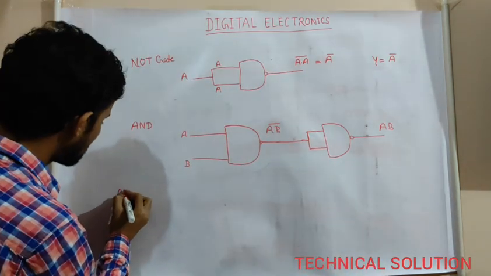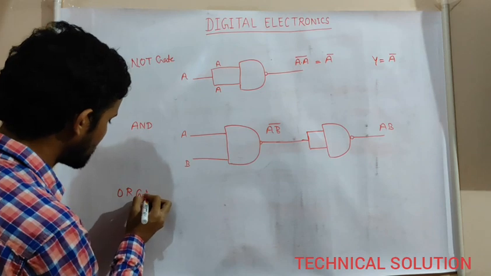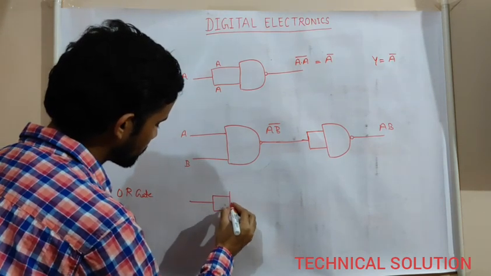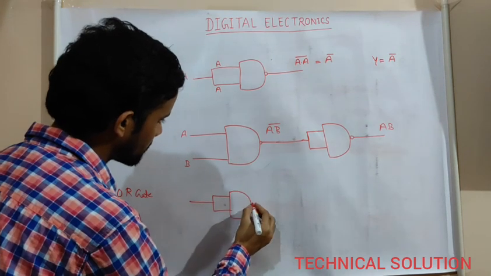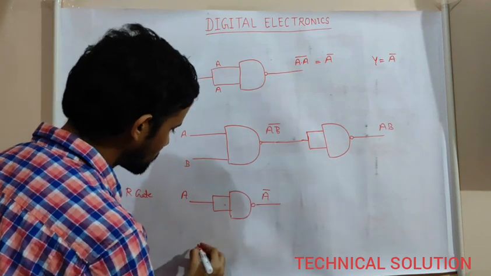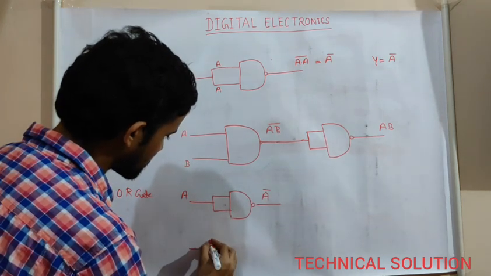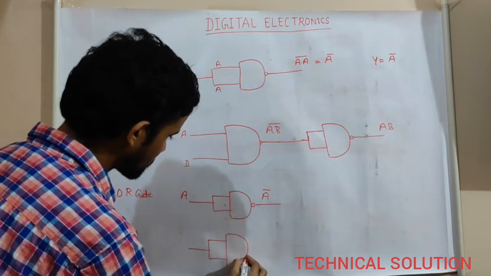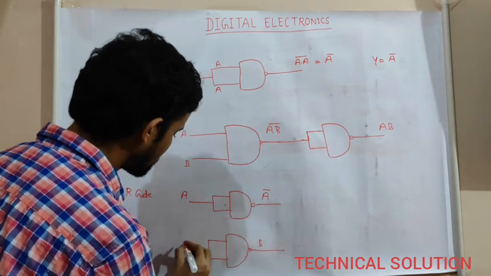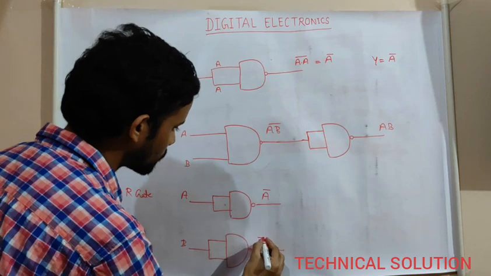Next gate is OR gate. Design OR gate using NAND gate. Make a NAND gate here. This is A and we get A bar. And this is another NAND gate, where the input is B and we get the output B bar.